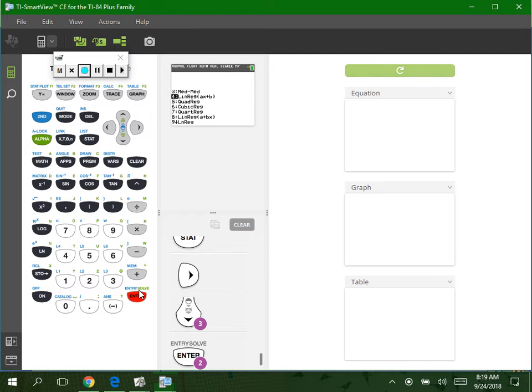Now, if you have an older TI, like a TI-83, it has L1, L2, because isn't that where I put my information, in L1 and L2? What if yours didn't say L1? What would you have to do? You change it.